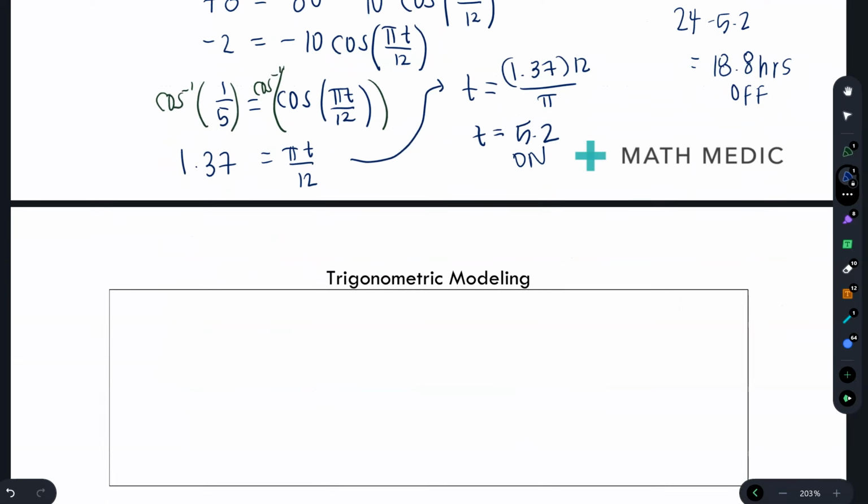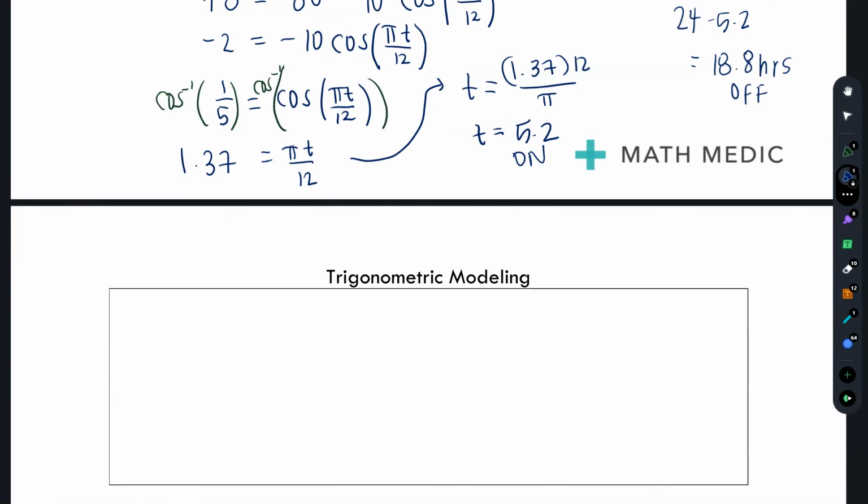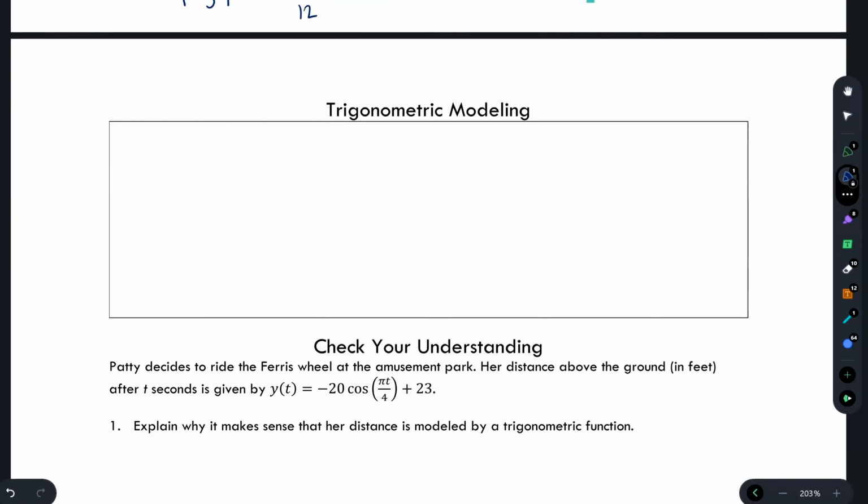All right. Trig modeling here. With trig modeling, we have periodic behavior that repeats in a fixed manner.